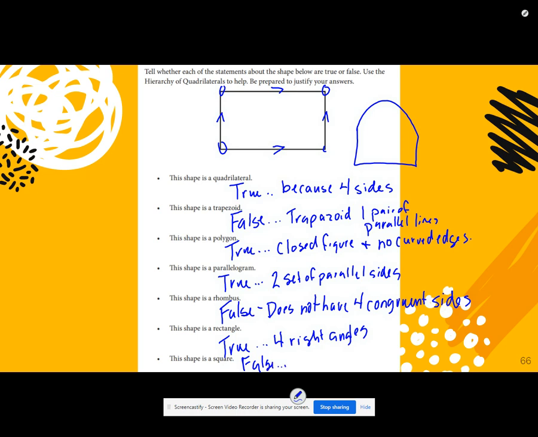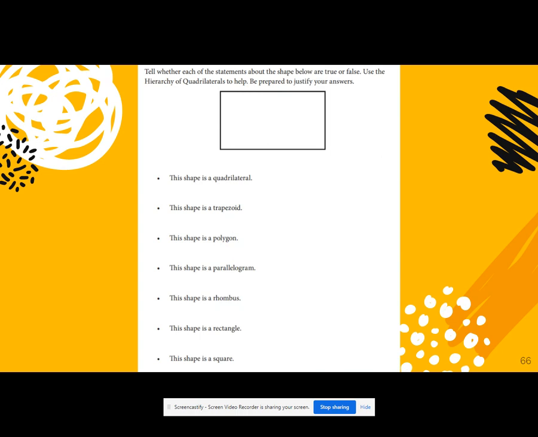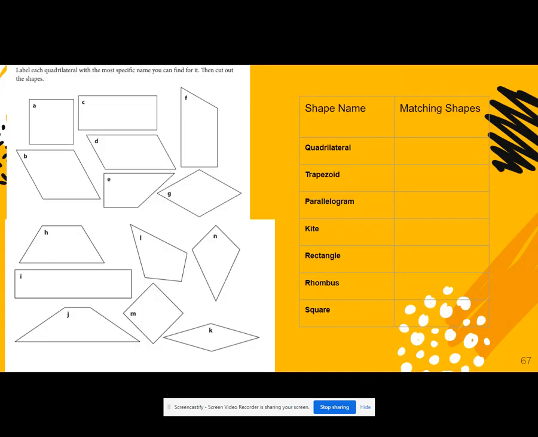Because it has four right angles, but all sides are not congruent. All right, nice job with that. Hopefully you got all the same answers. That looks very similar to the pre-test question that we did with the rhombus. Remember that?